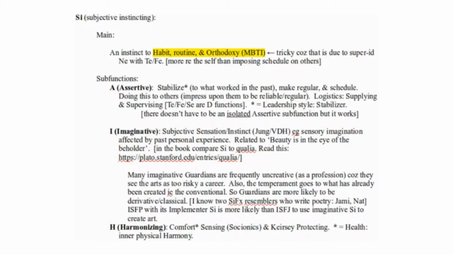Whereas I could see how SI in an ESTJ, for example, an ESTJ being stereotypically a manager, business type thing, yeah, I can see how SI would manifest as this assertive side of things. But then when I think about assertive introverted instincting, really I just think of SE.